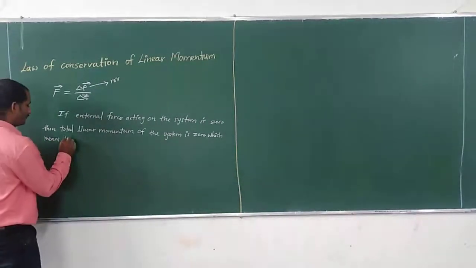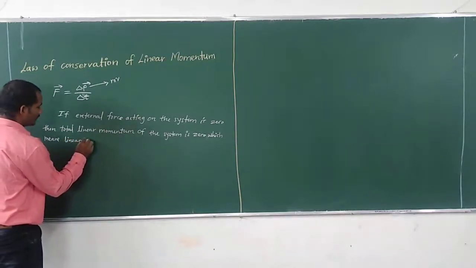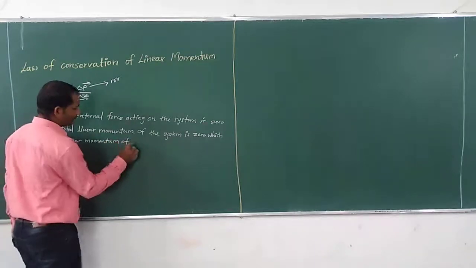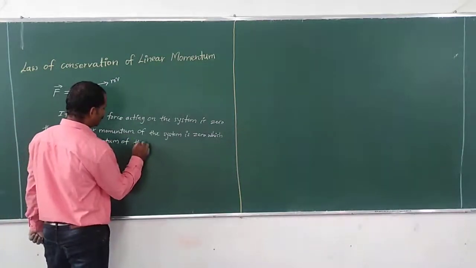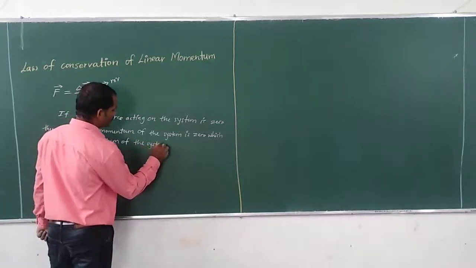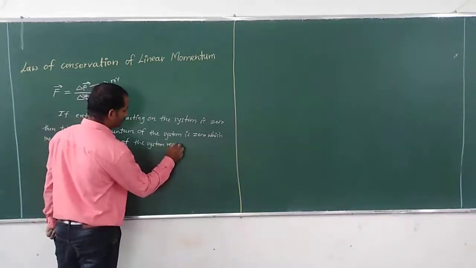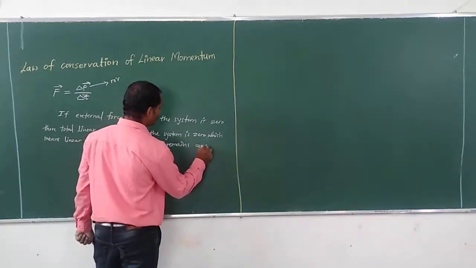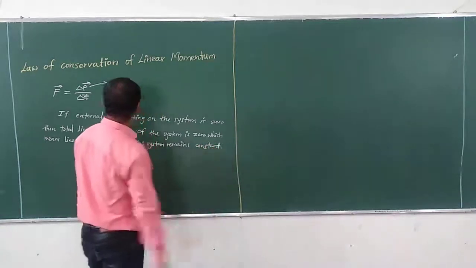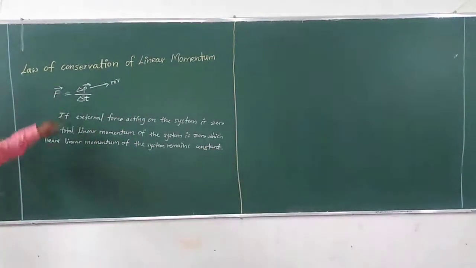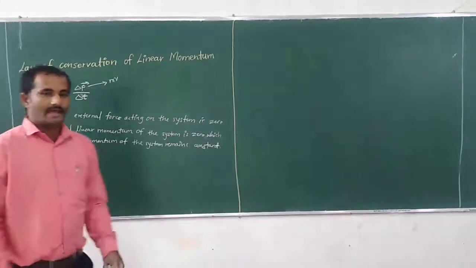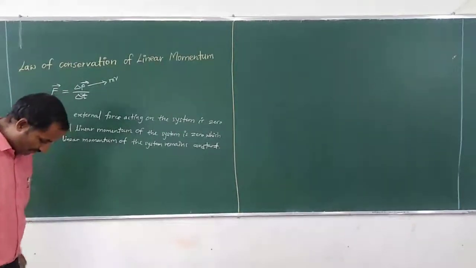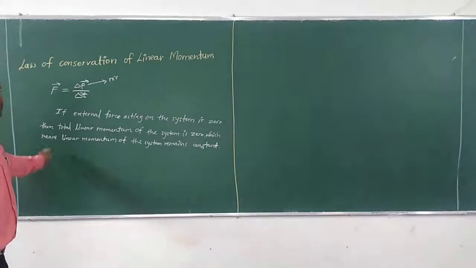Linear momentum of the system remains constant. Right? The law of conservation of linear momentum: if external force acting on the system is zero, then total linear momentum of the system remains constant.